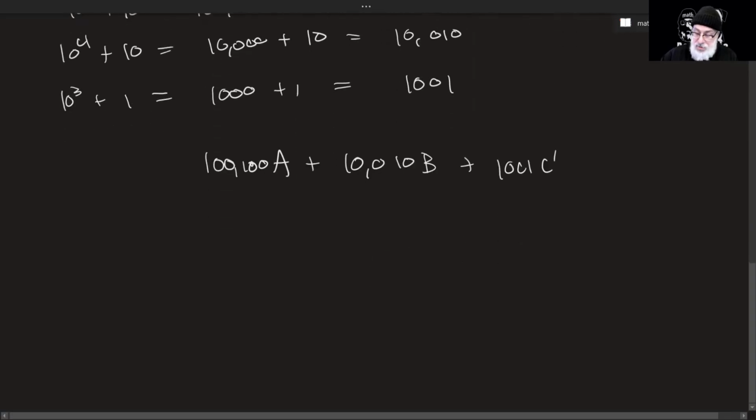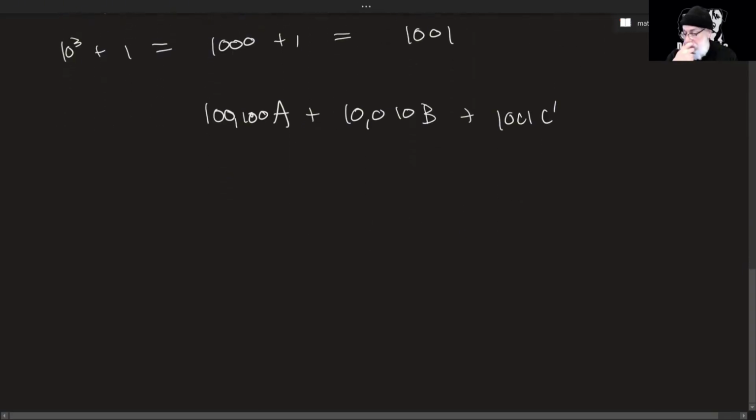All right, so we have this. This is our 6-digit number. Whatever A, B, and C are, that would give us the 6-digit number. Now, again, what we have to prove here is that it's divisible by 13. So, as in any good algebra problem, we always look to factor. We know 1,000 will come out of here, right?